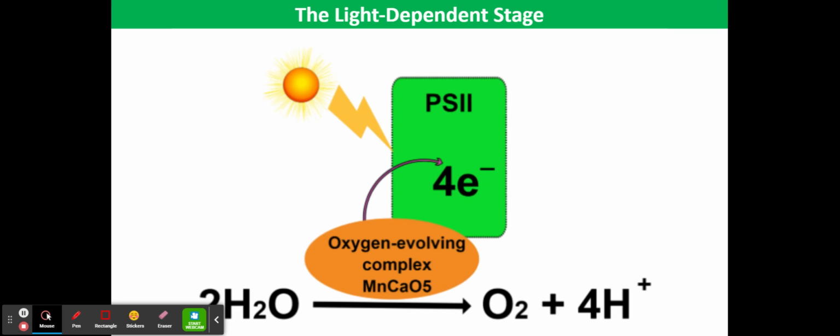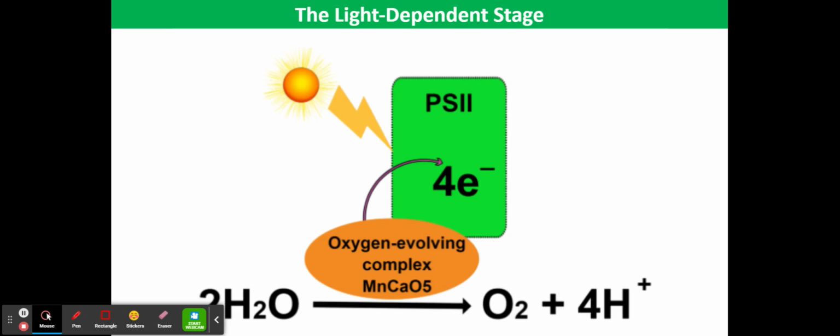In photosystem 2, there is an enzyme that, in the presence of light, splits water molecules into protons, so hydrogen ions, electrons, and oxygen. The splitting of water in this way is called photolysis.